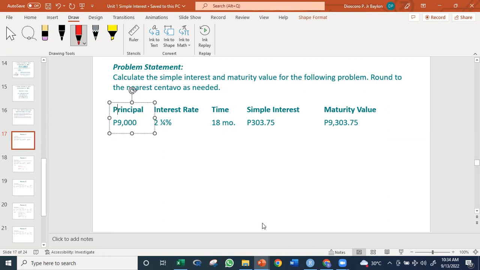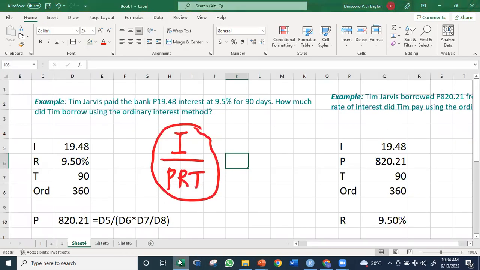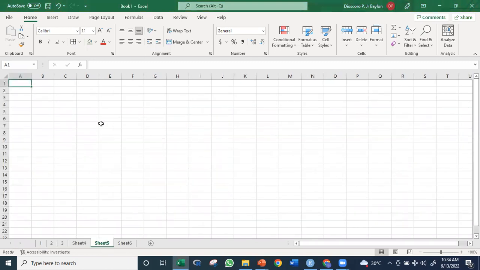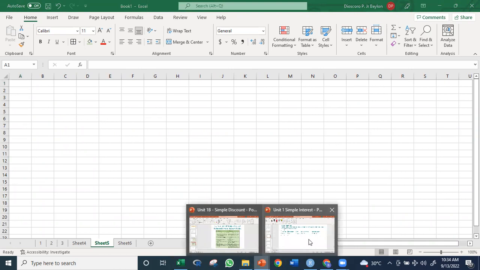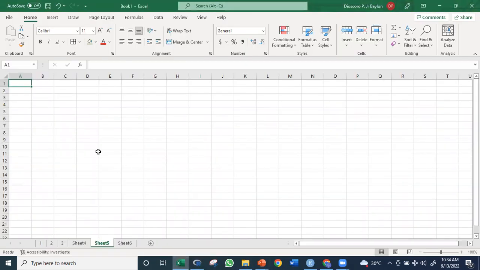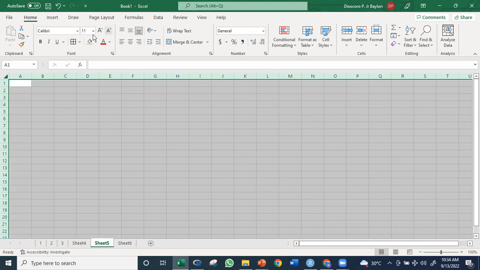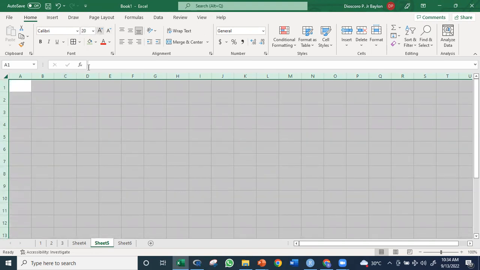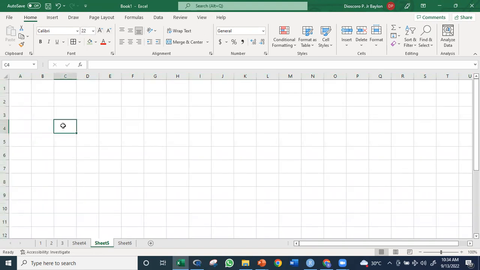Of course, this was computed. So let's just validate that. 9,000, 2.25, 18 months. So we have here the principal is 9,000.